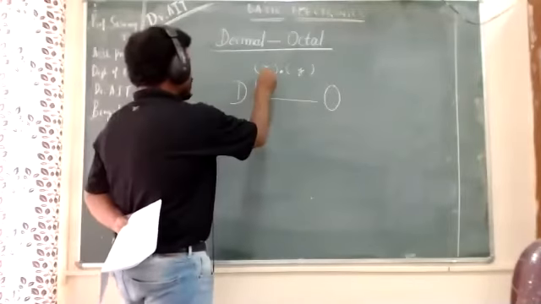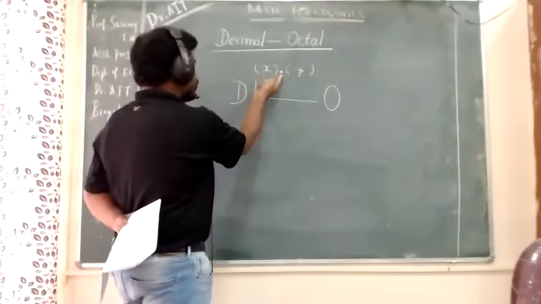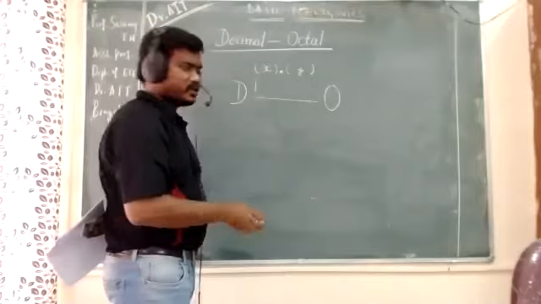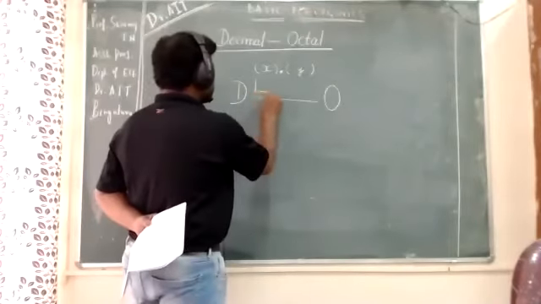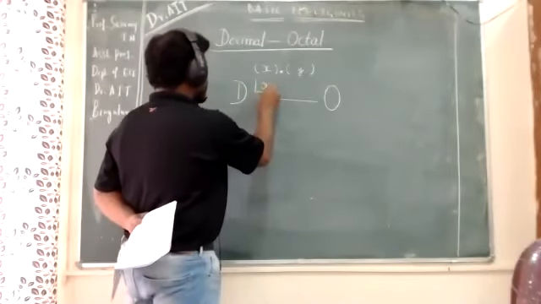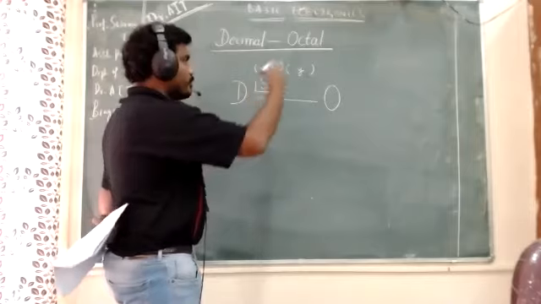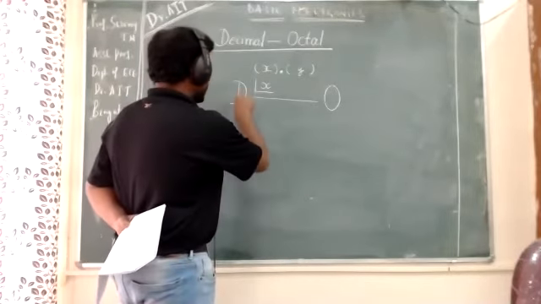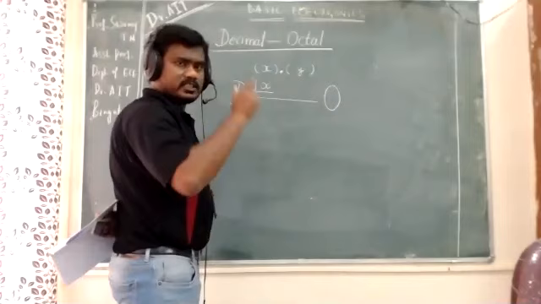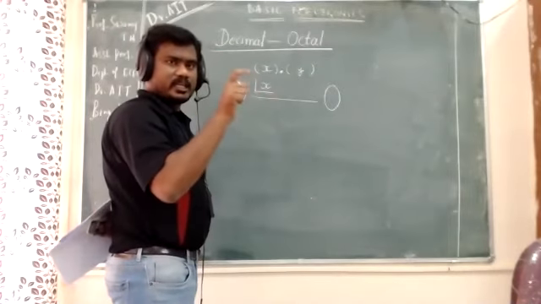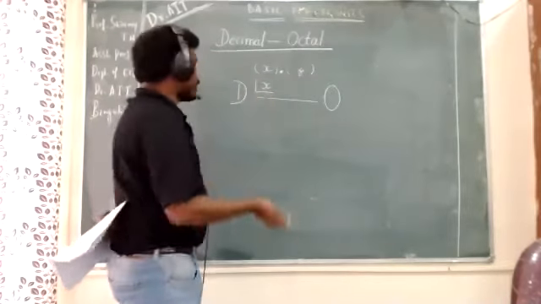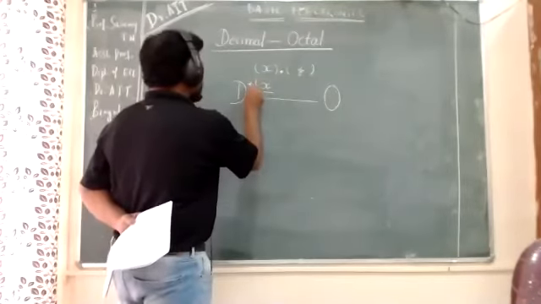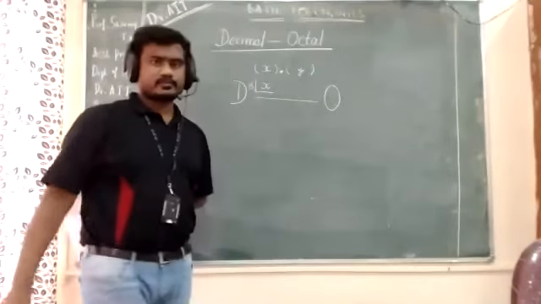Since x is present before the decimal point, I have to divide this x by the base. Now what is the base? Here we are converting decimal to octal. So what is the base of the octal? The octal base is 8. So this x should be divided by 8.